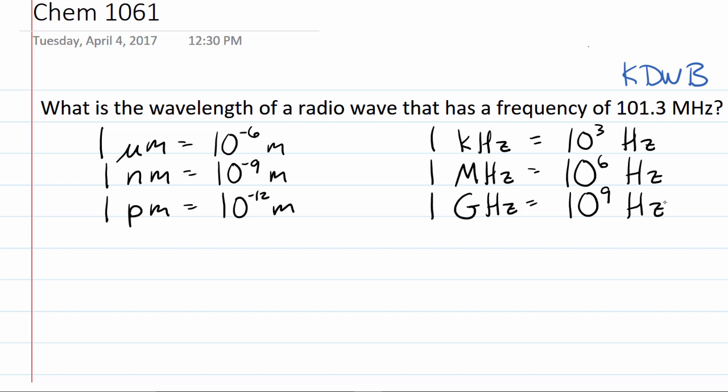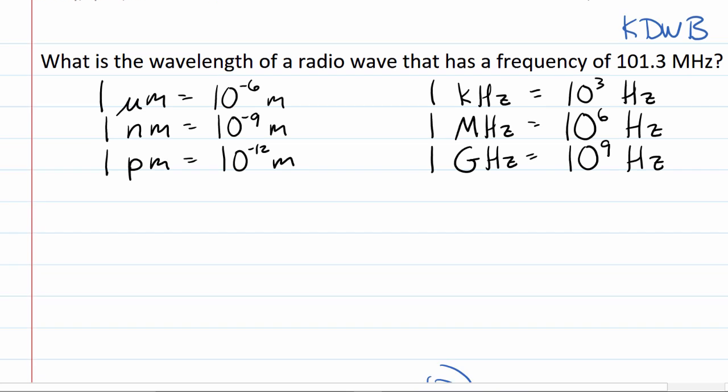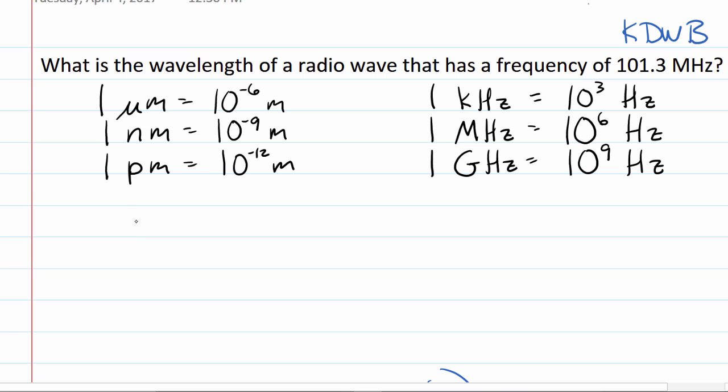So now, if we want to calculate the wavelength of a radio wave that has a frequency of 101.3 megahertz, we look at our formula, which says c is equal to lambda nu. Which of these variables are we going to solve for? What are we trying to find in this one?